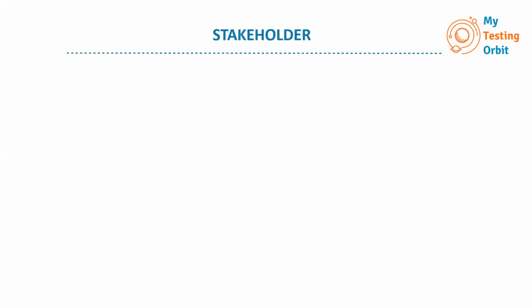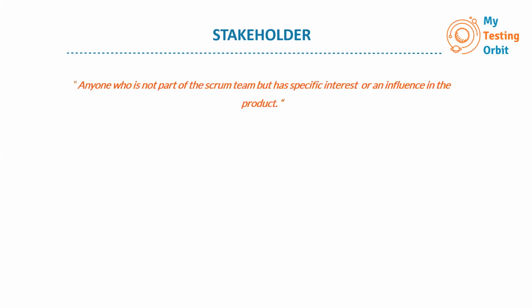Okay, before we proceed to sprint review, first of all, let's understand who is a stakeholder, because this is the term which we will be using a lot. So let's see who is a stakeholder. Anyone who is not part of the Scrum team, but has specific interest or an influence in the product.